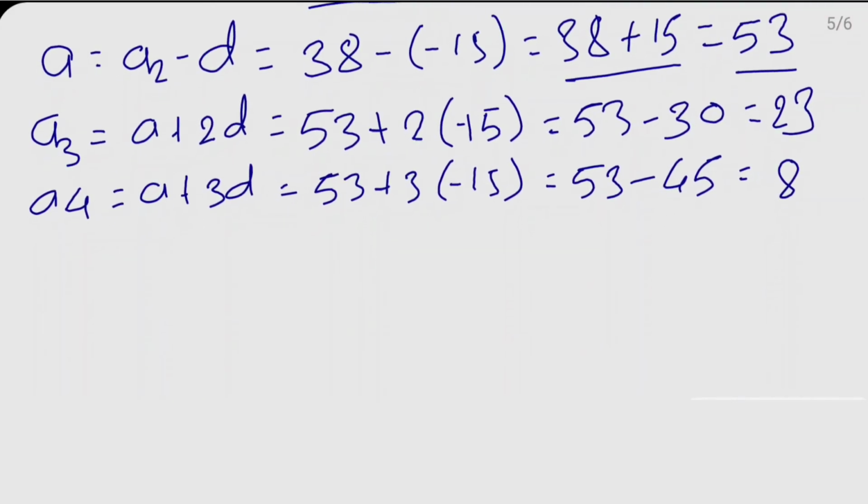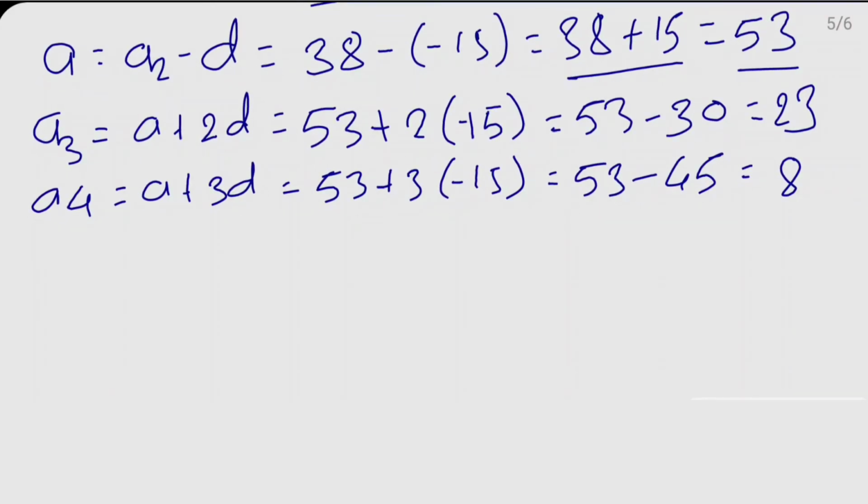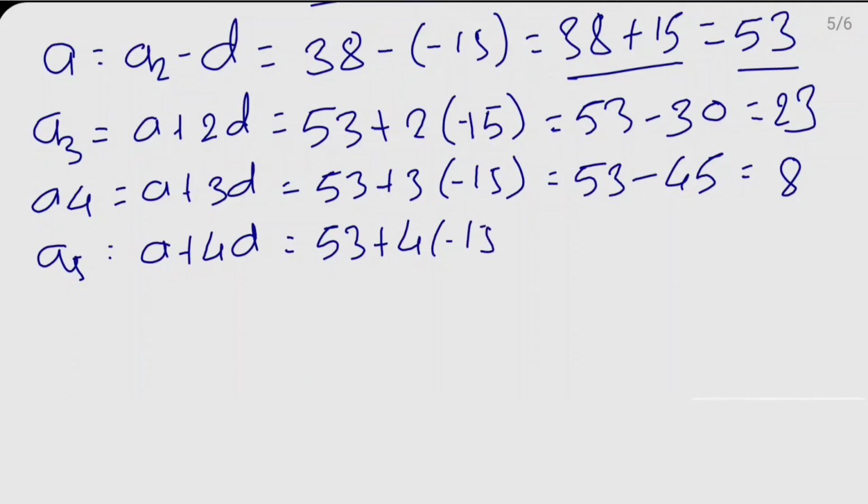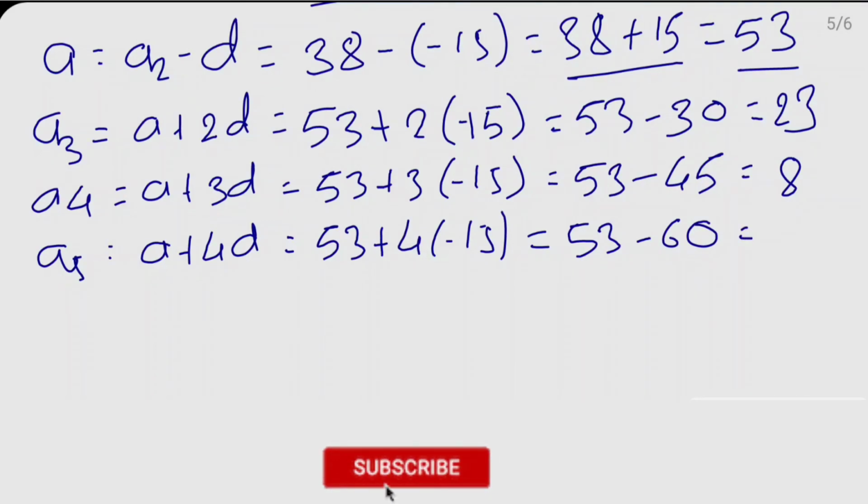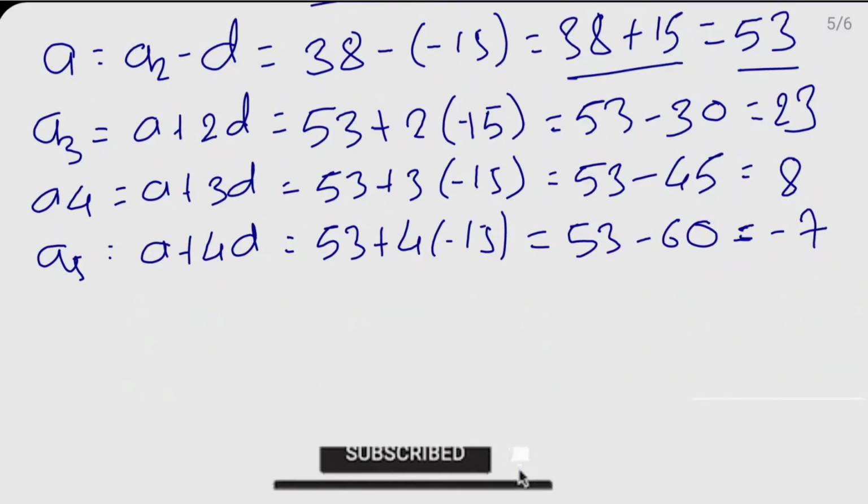And now here a5. a5 equals a plus 4d. So what is the a? A is 53 plus 4 into -15. So here 53 as it is, and 4 into -15 is minus 60. So here 53 minus 60 is minus 7. So write down the conclusion here.